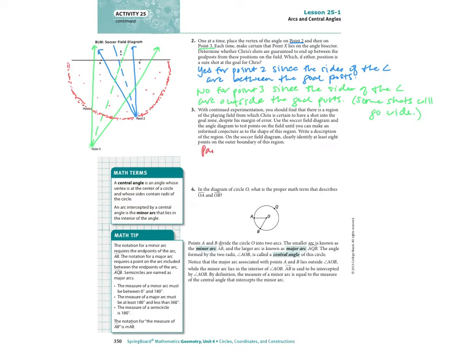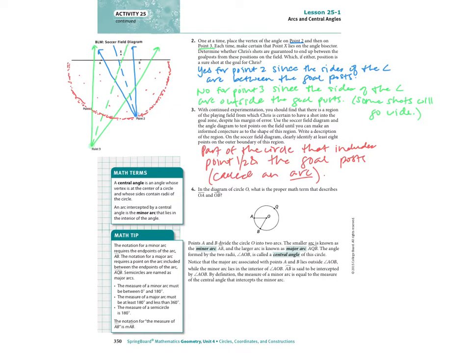We're looking at part of a circle, and it includes point 1, which is going to be on that, and it includes the goalposts. This is called an arc, A-R-C. It also includes point 2 as well. We just know it doesn't include point 3.